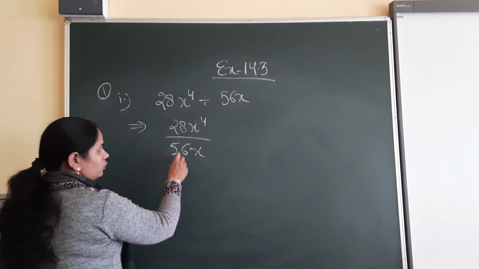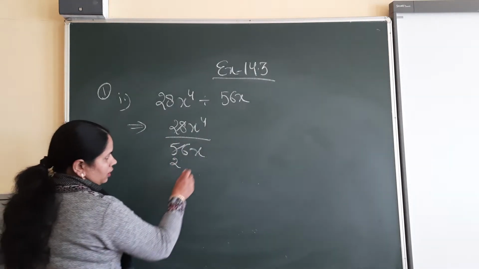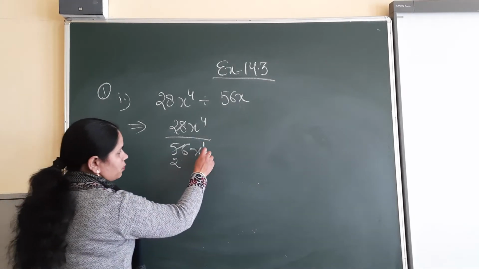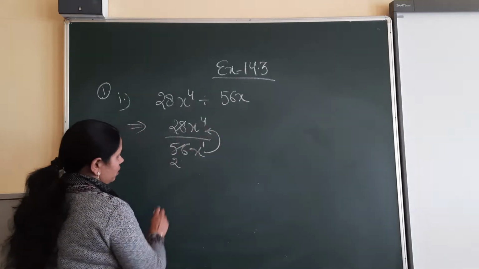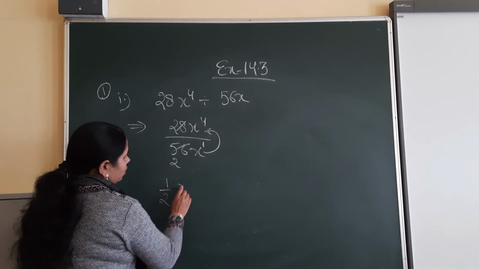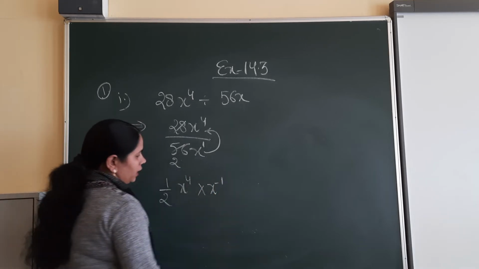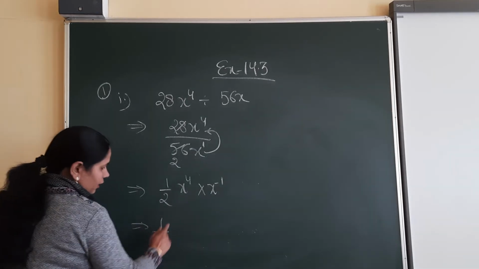Now 28 times 2 gives 56, so write here 2, and this x has exponent 1. So transpose this x to the power minus 1 from denominator to numerator. So it becomes 1 by 2, x to the power 4 into x to the power minus 1. Now write 1 by 2 as it is.